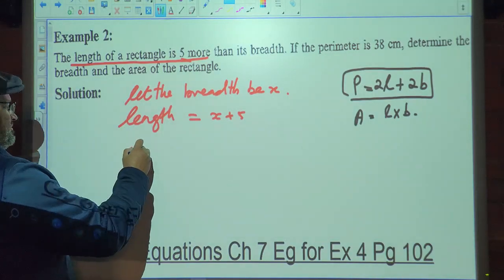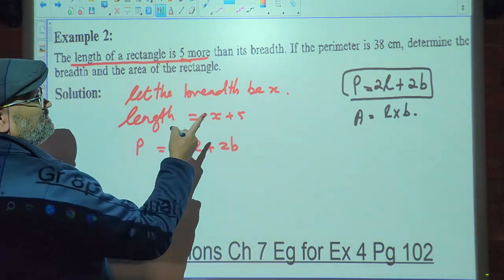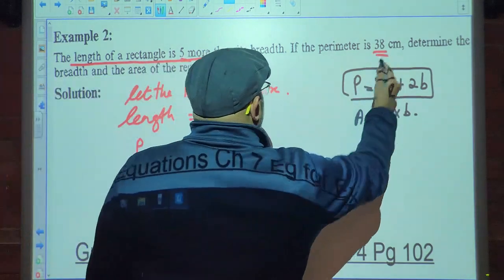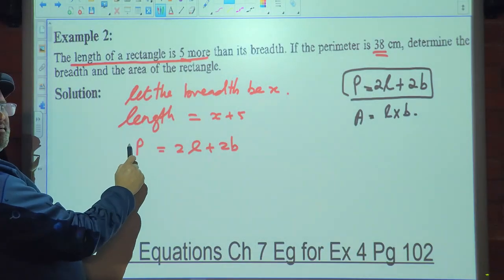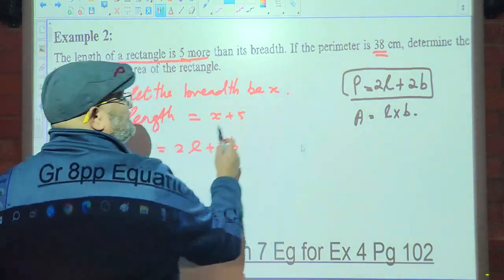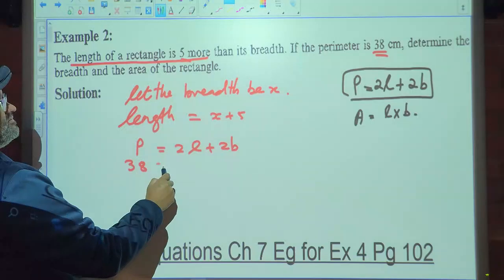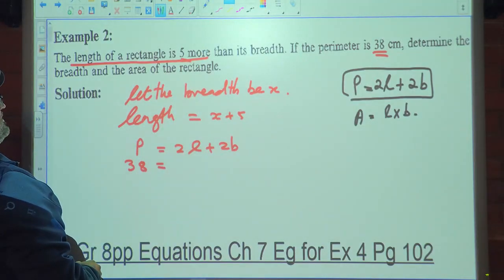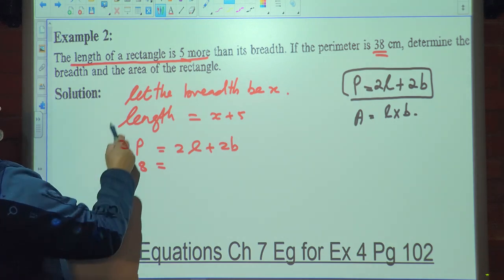Can you see that, people? The perimeter is given as 38. So that's going to be 38 is equal to 2 length plus 2 breadth. Determine the breadth and the area of the rectangle.